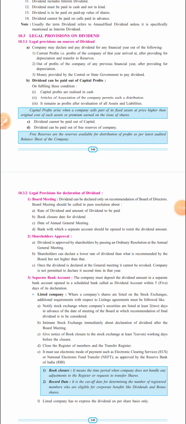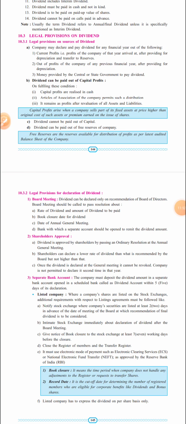So all these decisions regarding opening a separate dividend account, date of annual general meeting, finalization of rate of dividend and amount of dividend are taken when the board of directors meeting is conducted.